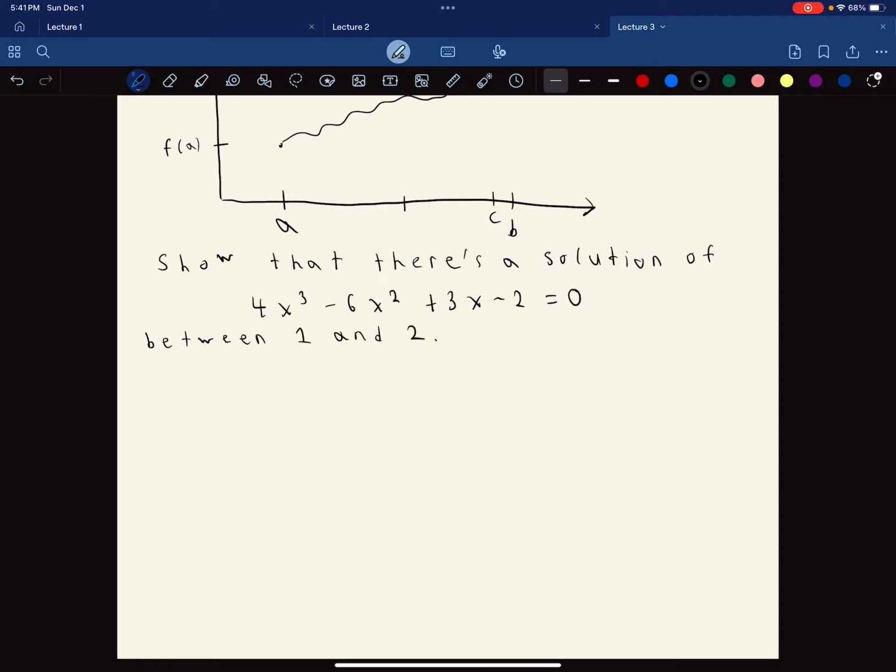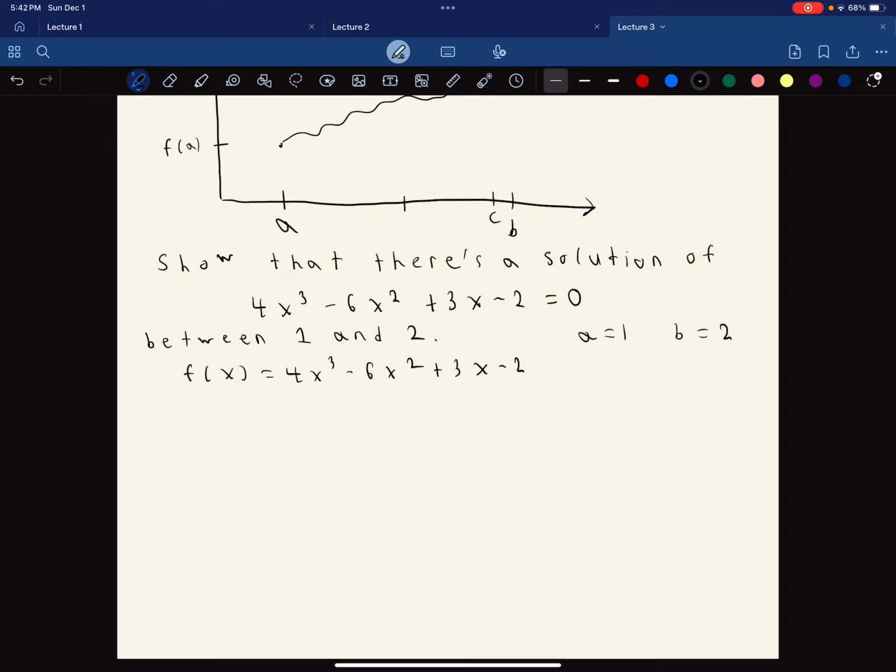So right off the bat, I'm going to rewrite this as f(x) = 4x^3 - 6x^2 + 3x - 2. We know that our interval is 1 and 2, so we can say a is equal to 1, b is equal to 2.